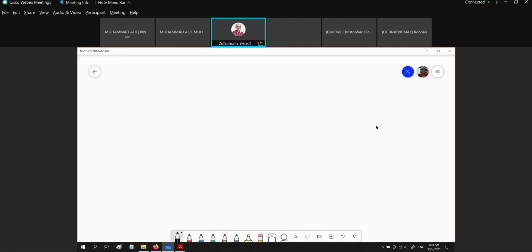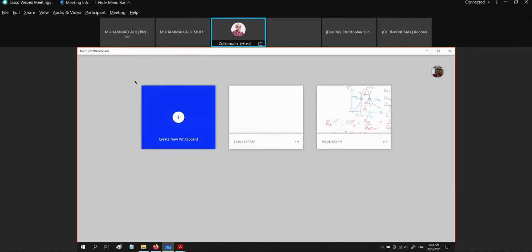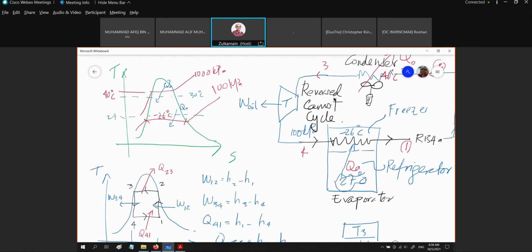So now we are going to look more towards the practical cycle. If we look at the Carnot cycle, we have a turbine for getting low pressure in order to get low temperature. So we are going to use a turbine right here.